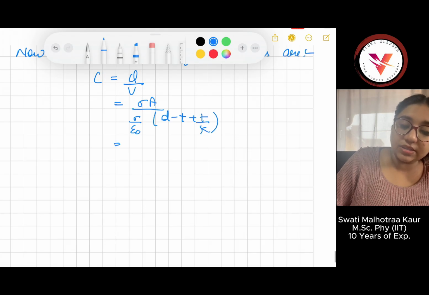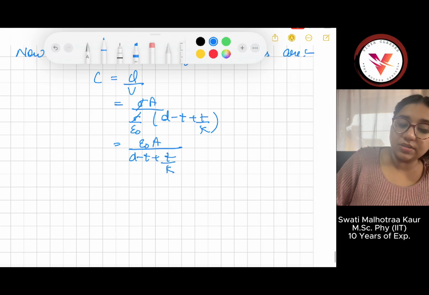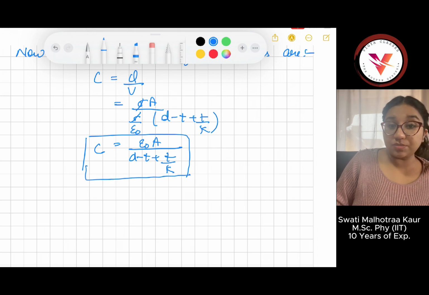The sigma cancels, and it is epsilon naught A upon D minus T plus T by kappa, the capacitance of the parallel plate capacitor in the presence of a partially filled dielectric slab.